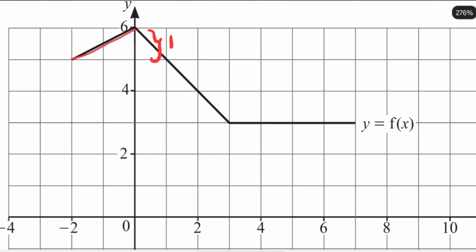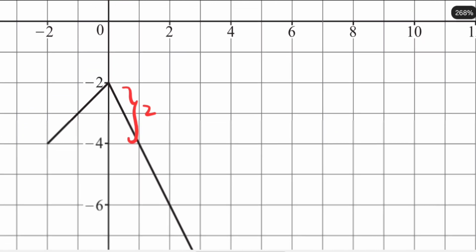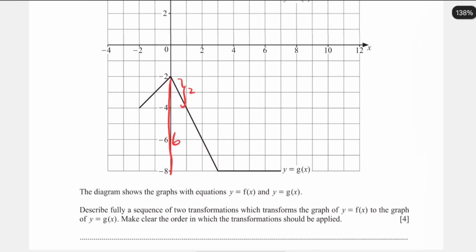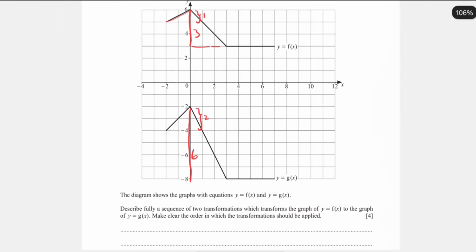And this part also from 6 to 3, you can see that's 3 boxes. But for this one from -2 to 8, that's 6, right?